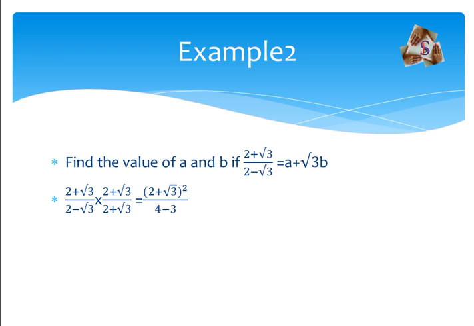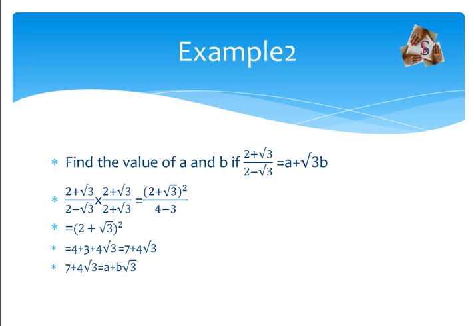So it is 2 plus root 3 whole square by 4 minus 3, that is 2 plus root 3 whole square. When I expand by applying the identity, I get 4 plus 3 plus 4 root 3, that is 7 plus 4 root 3.